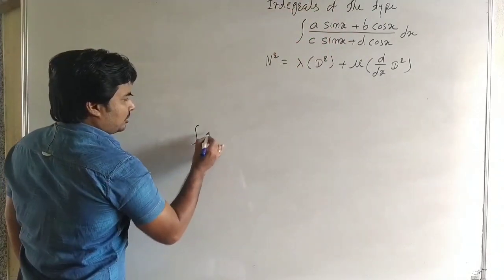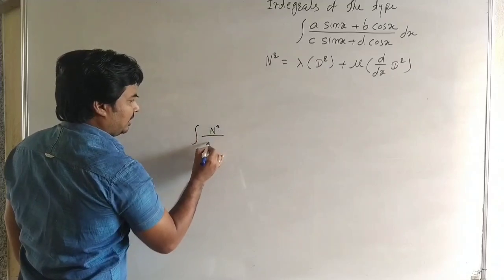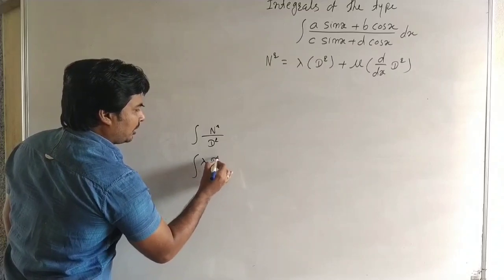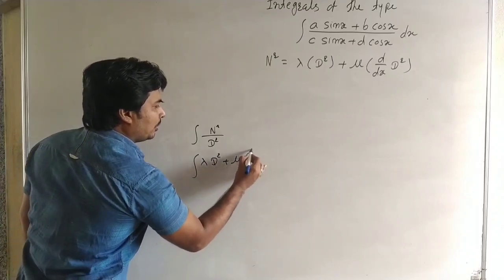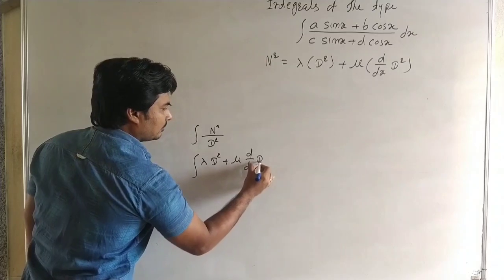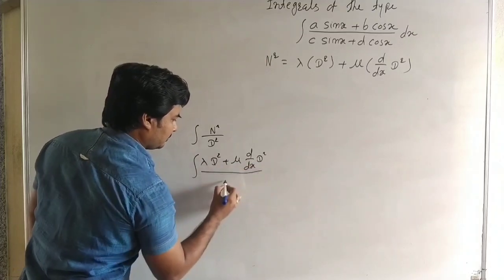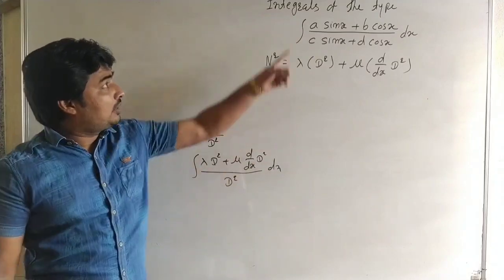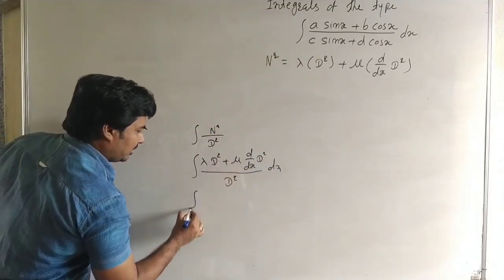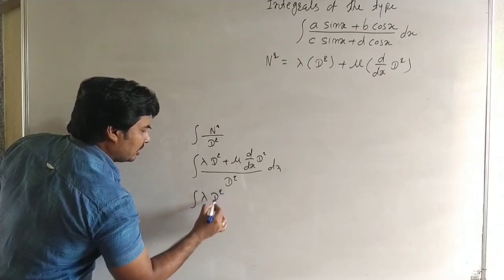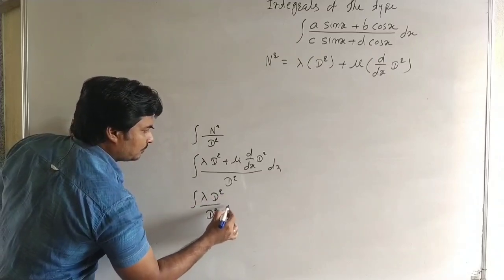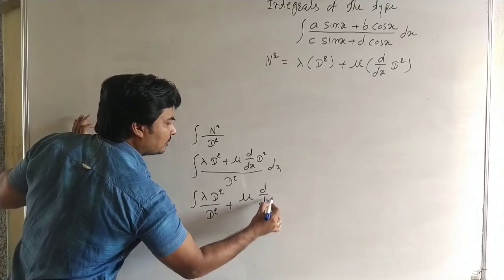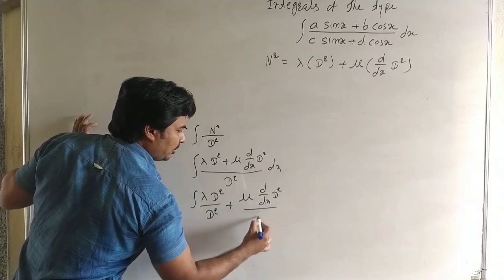Suppose this is the numerator and this is the denominator. We can write lambda into denominator plus mu into derivative of denominator, upon denominator. We separate it: lambda into denominator upon denominator, plus mu into derivative of denominator upon denominator.